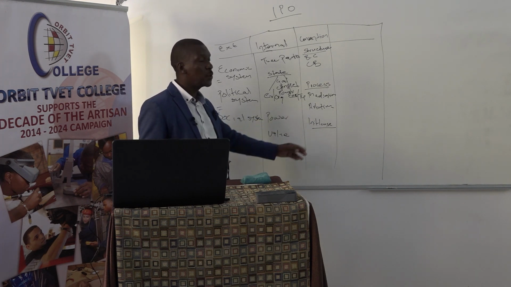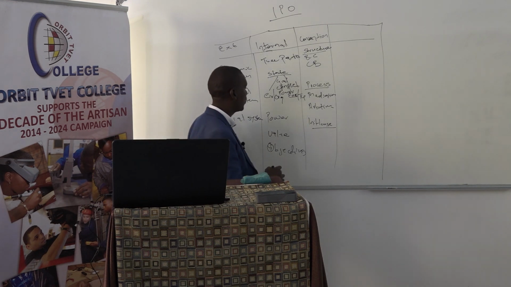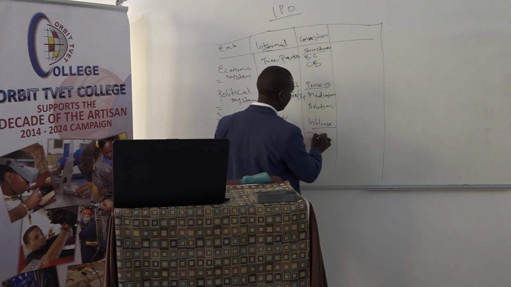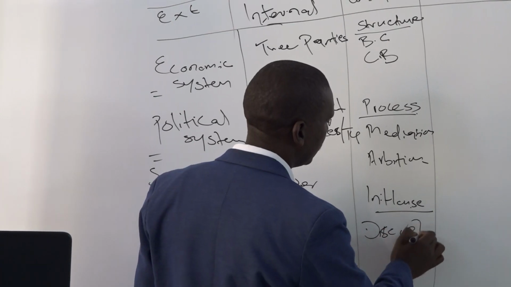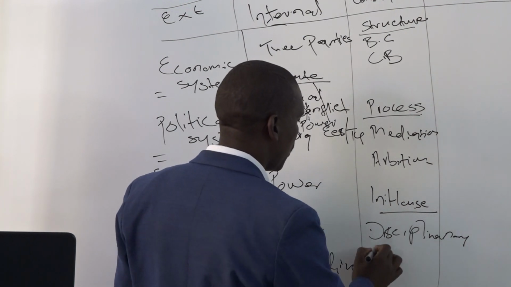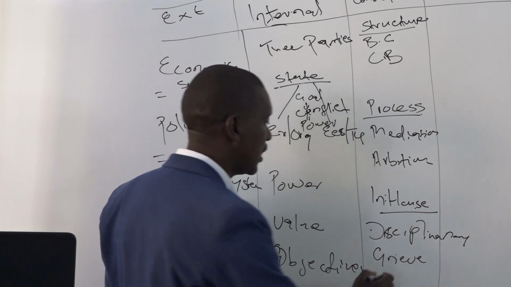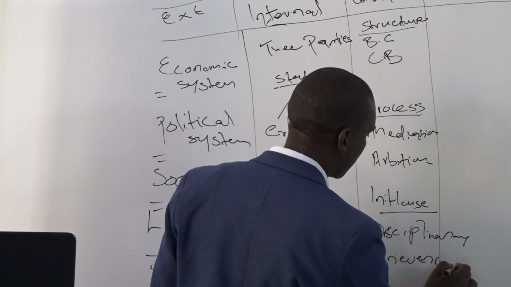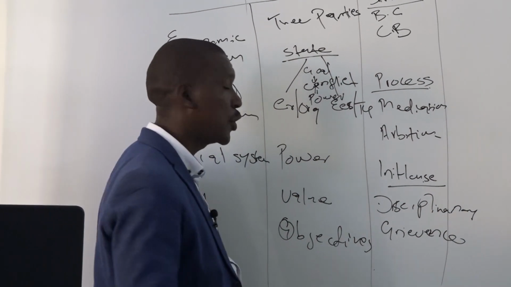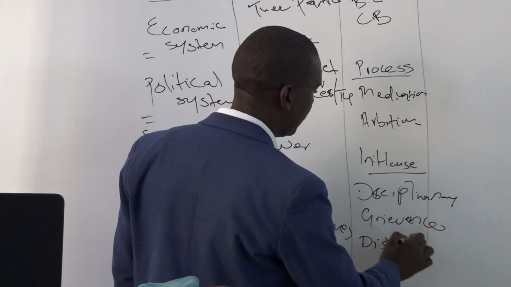So the procedures that we have in labor relations, when we're dealing with the issues: one, we've got the disciplinary procedure. We've got the grievance procedure, which we'll deal with mostly in module 6. We also have the dispute resolution procedure.